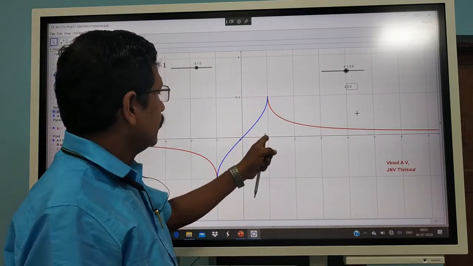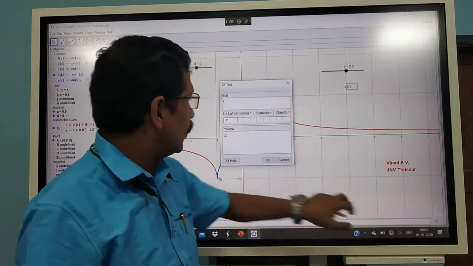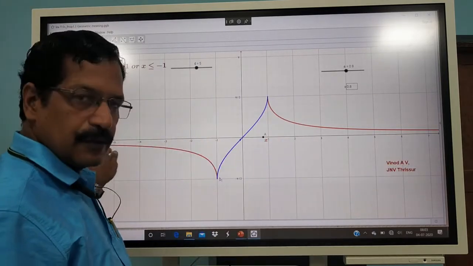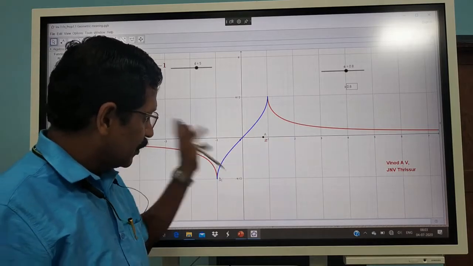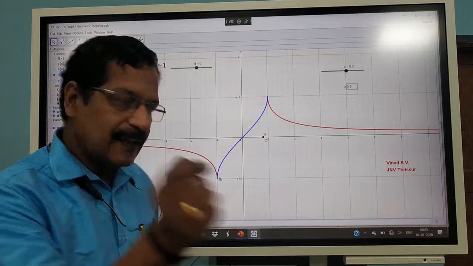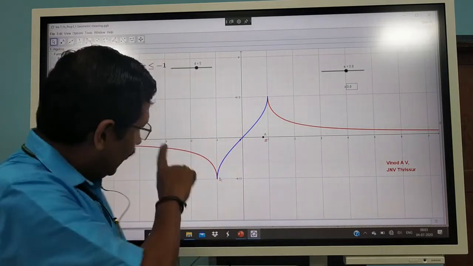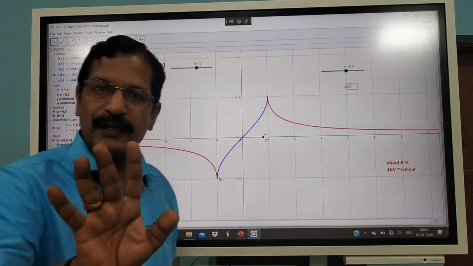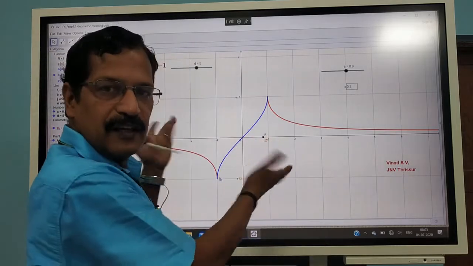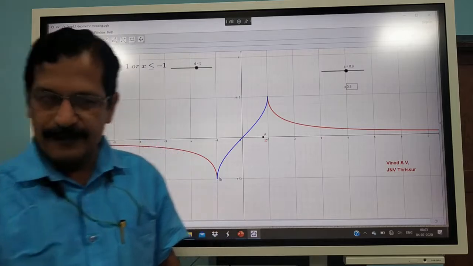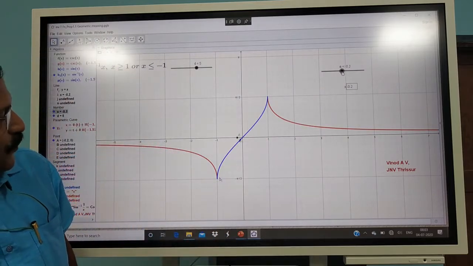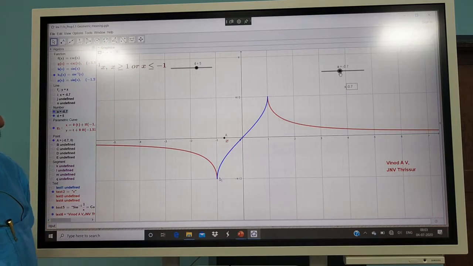Because the domain of cosec inverse is greater than or equal to 1 or less than or equal to minus 1. So when we take a value of x less than 1 and greater than minus 1, we cannot have a point on the cosec inverse graph. That is why we are not able to see anything here. Let us move again to the left. Here also we cannot find any point.